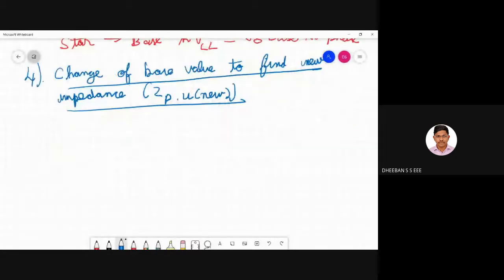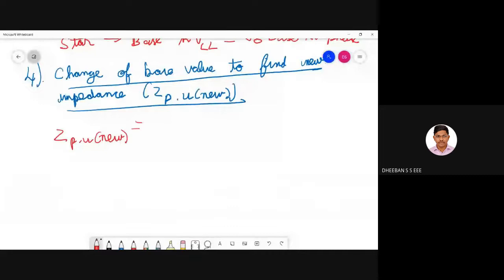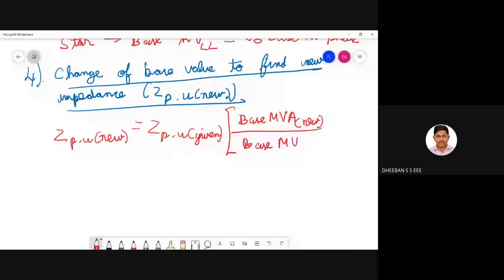So the formula was Z per unit new equals Z per unit given into base MVA new by base MVA given, into base kV given by base kV new, and this will be squared.